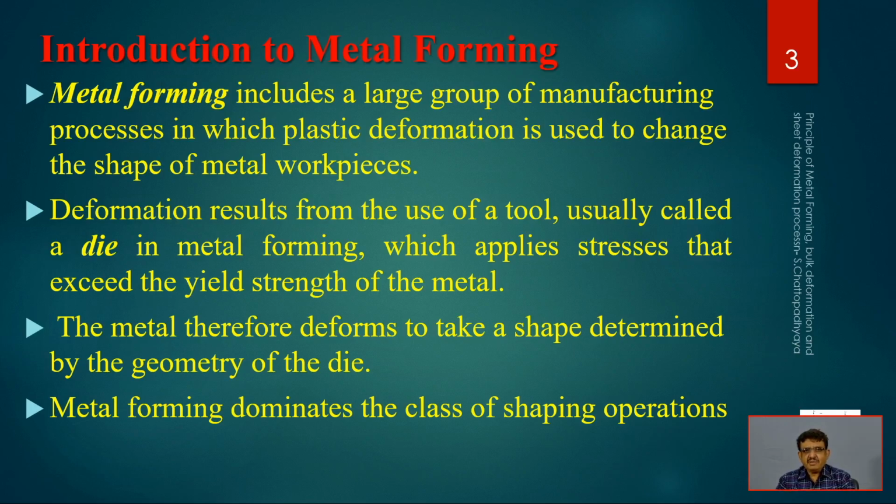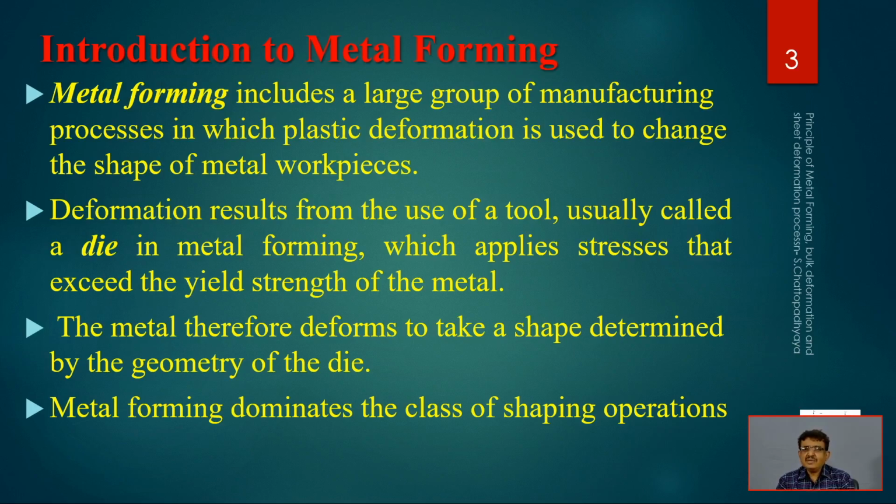This deformation results from the use of a tool. It is not just done automatically. We have to use some tool, usually called a die, in the metal forming process, which applies stresses that exceed the yield strength of the metal. Those stresses will produce strain permanently.